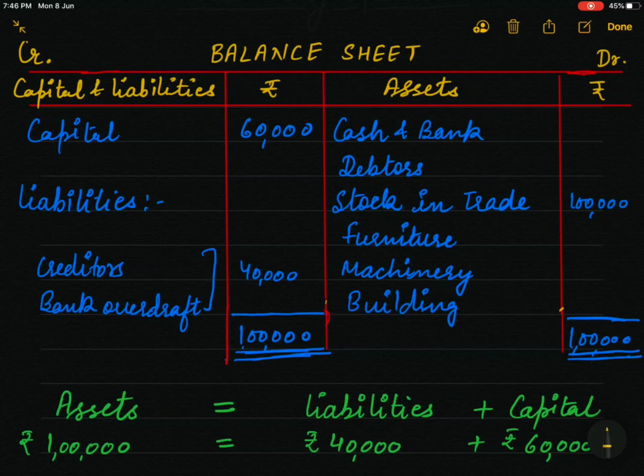We should know that the total of the asset and liability side will always be equal. Here we take some imaginary figures.